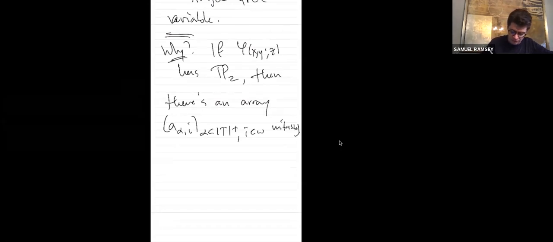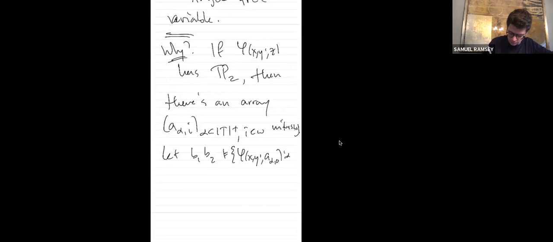So that means that we can let B1, B2 realize the all zeros path, let's say, phi(x, y, a_alpha^0) as alpha ranges over t^+.